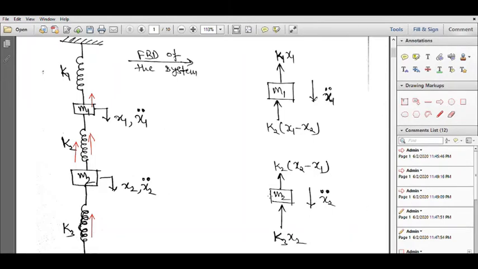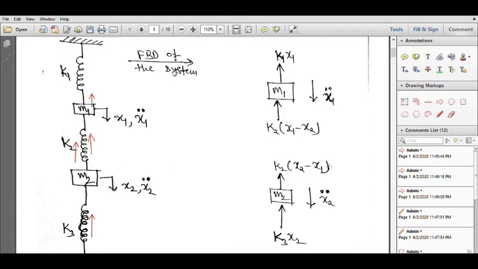So now mass m2 is moving in downward direction with the downward acceleration x2 double dot. The restoring force generated in the spring K2 is in upward direction. Now the net deformation of the spring K2 for mass m2 we are going to take as x2 minus x1.